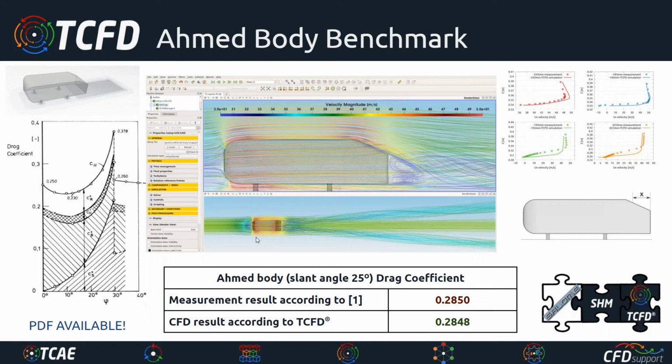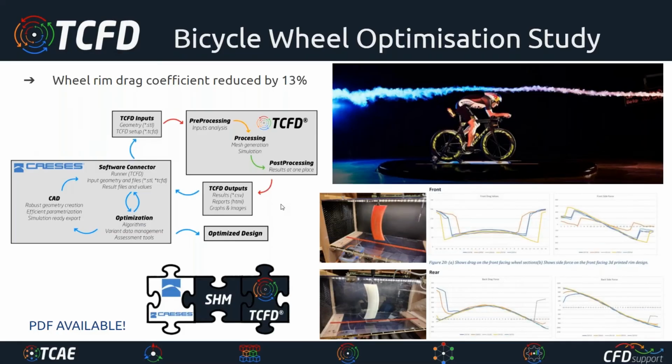So these four features were followed in detail, and the CFD results were compared to the experimental results from the wind tunnel, which are publicly available. So we did it, and the results were perfect. And again, the details of this benchmark are available in the public report in PDF.